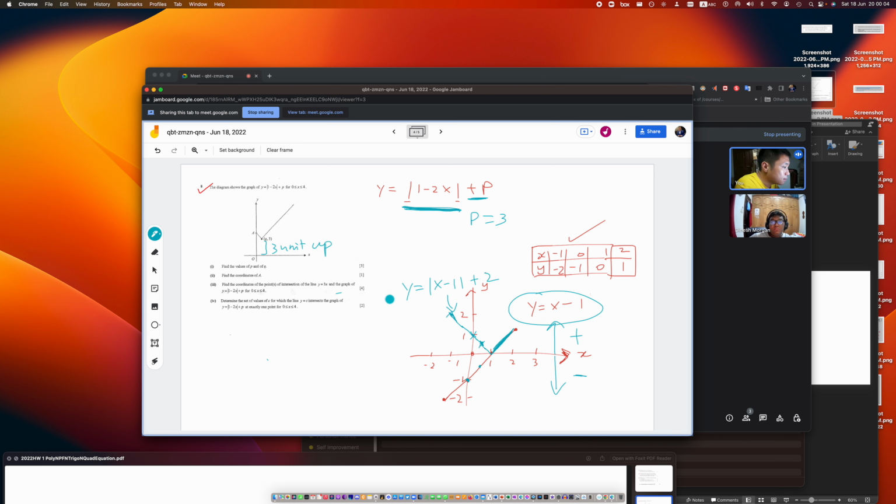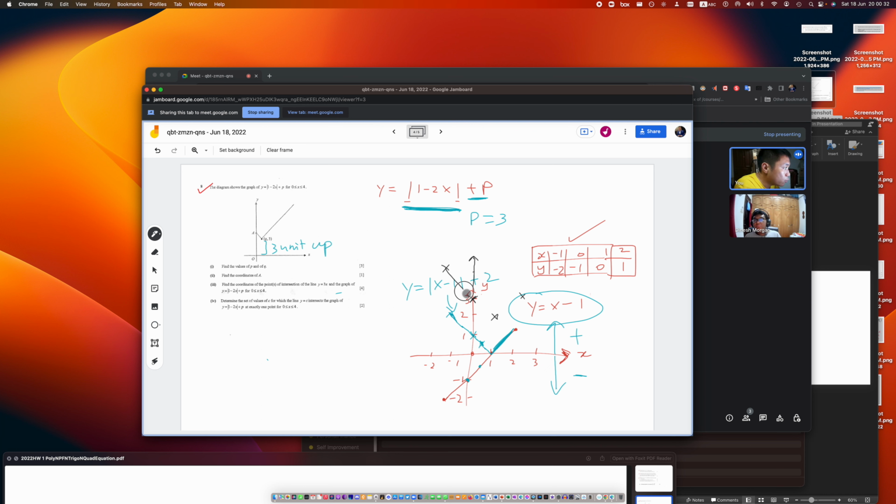If I draw this one more time, using a different color, my 1 will go to 2, the 2 will go to 4, this 0 will go to 2, and this 1 will go to 3.